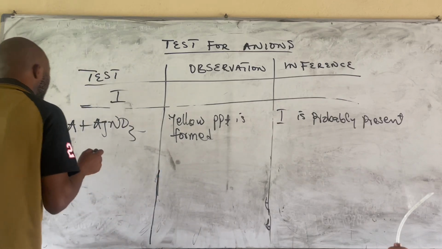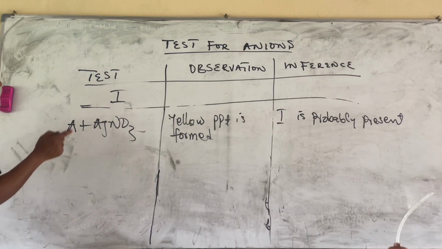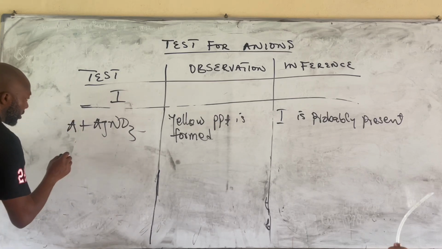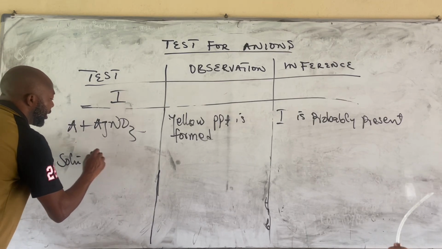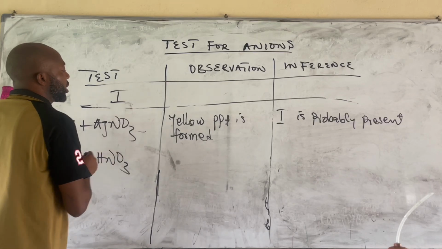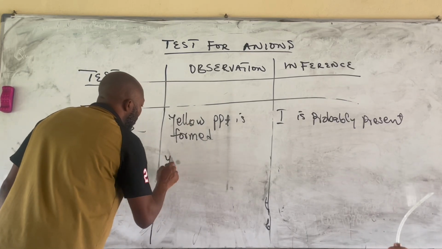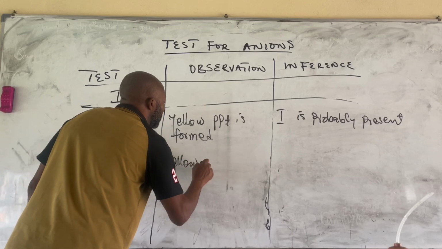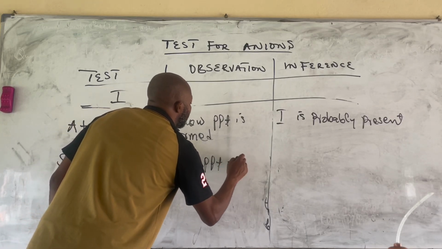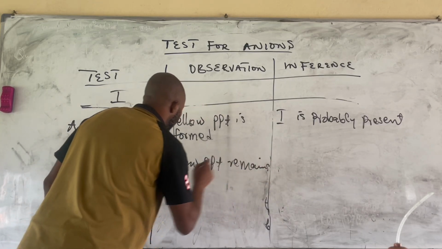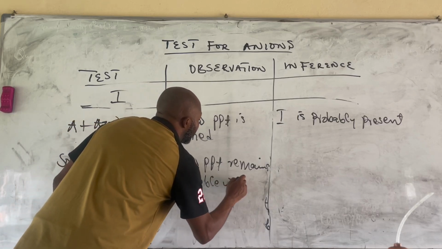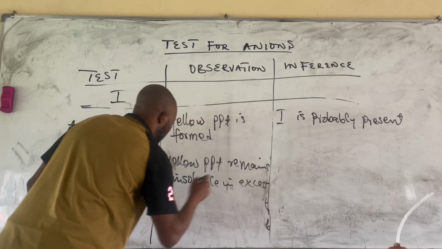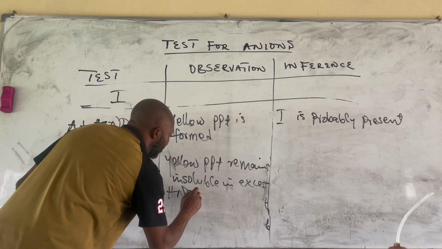Then the next thing is we are going to add trioxonitrate(V) acid. So solution above plus HNO3, the yellow PPT remains insoluble in excess HNO3.